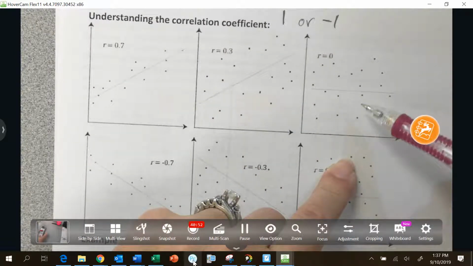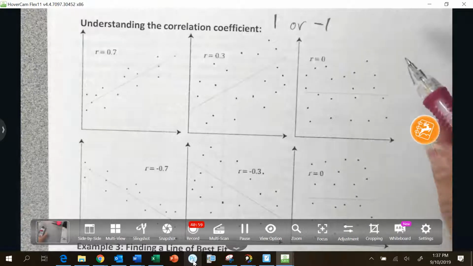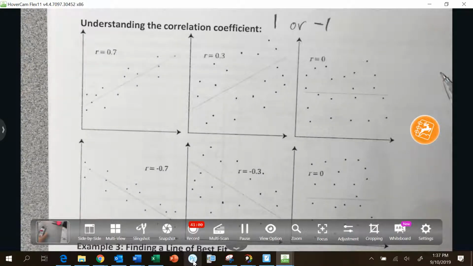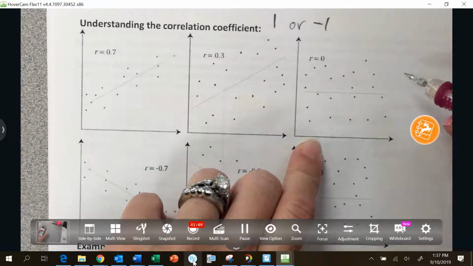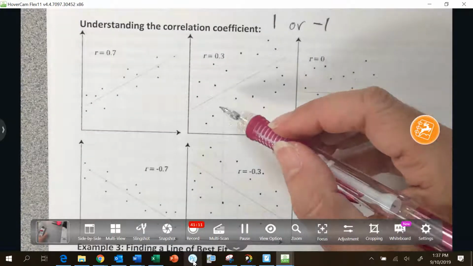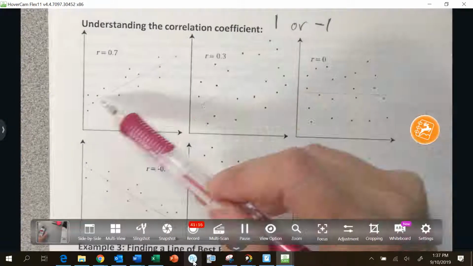You know, if I said the month that you were born and the height of your body, should that correlate? No. It shouldn't. So probably would look like this. Okay? But if I said the length of your femur compared to your height, that should probably correlate close to a line.